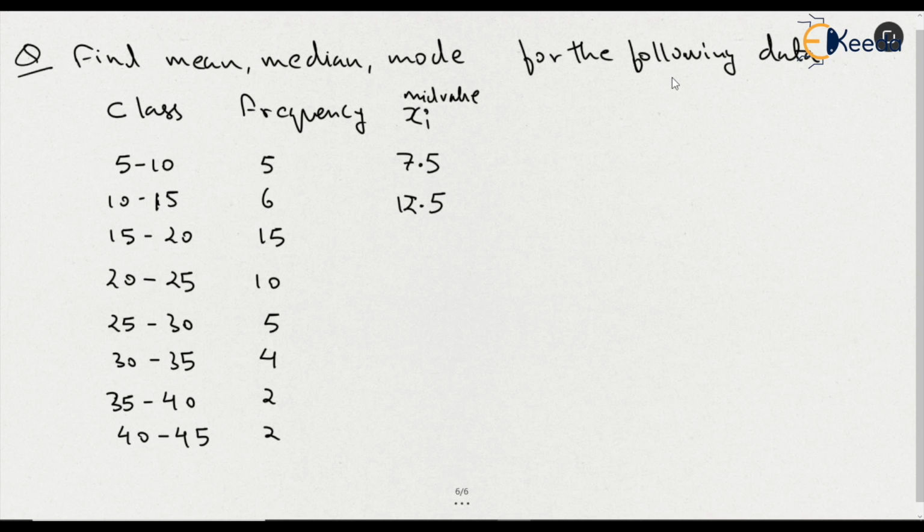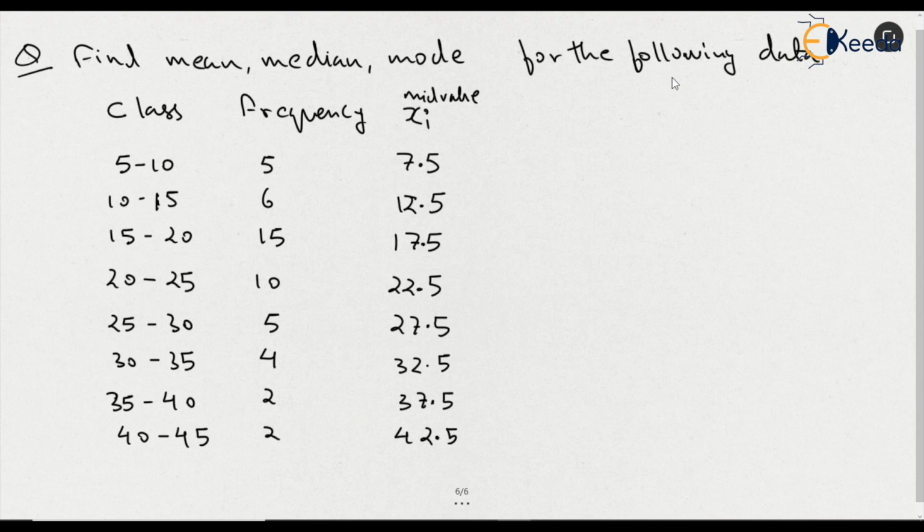We can observe that the middle values are going to be increasing by 5. So we can directly write now this will be 17.5, 22.5, 27.5, 32.5, 37.5 and 42.5.